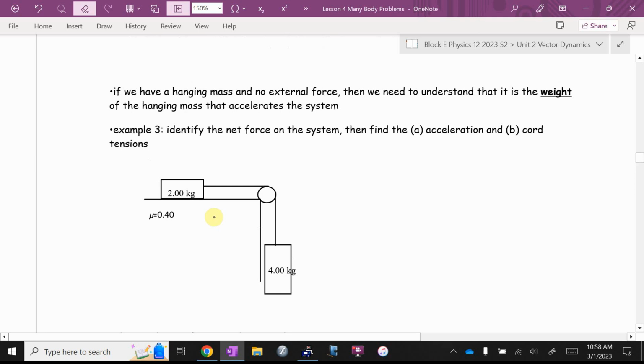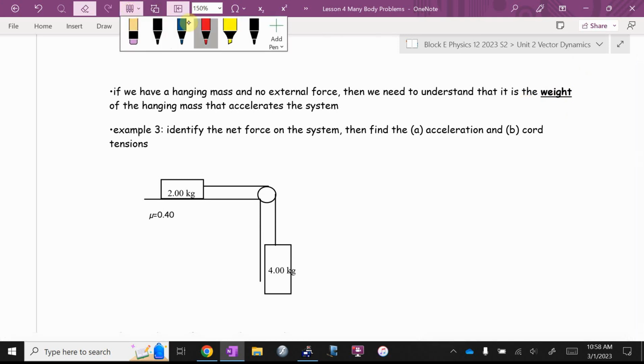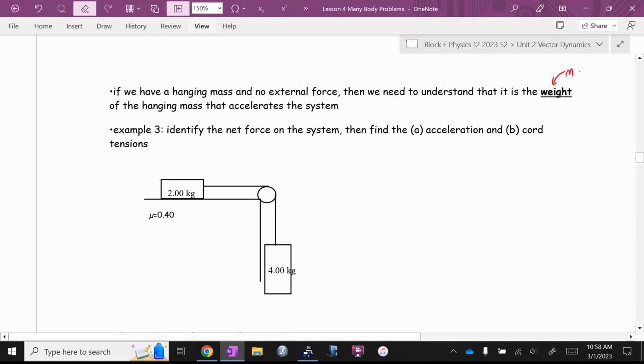What if we have a hanging mass? We need to understand that it's the weight. When I say the word weight, which force am I talking about? Nope. Okay? It's the mg that's causing it to accelerate. In other words, if I do a quick free body diagram here, I would have m1a, m1g, sorry, normal force number 1.